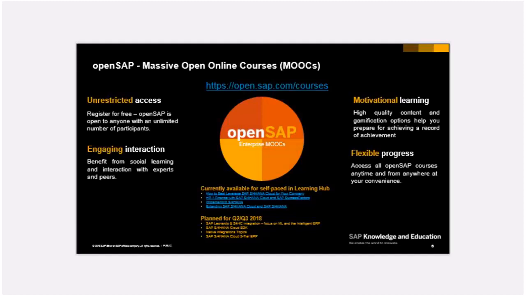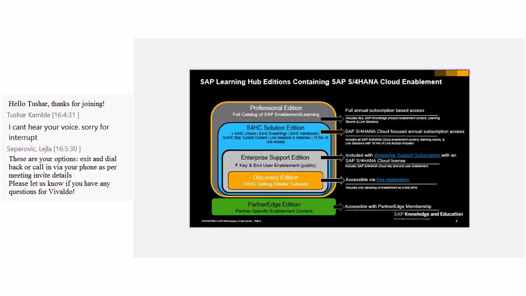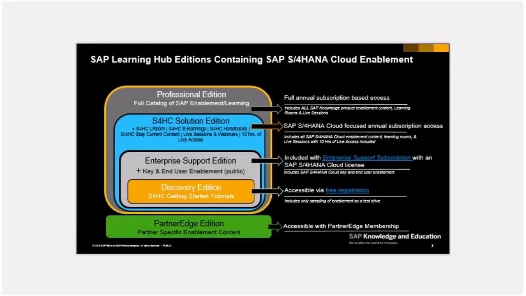If you're new to the Learning Hub, there are two options for S/4HANA Cloud enablement. There is the Professional Edition, which is full access to all content, not just S/4HANA Cloud. And we just introduced last month the Solution Editions. We have a Solution Edition specifically for S/4HANA Cloud, and that is inclusive of all S/4HANA Cloud learning rooms, e-learnings, handbooks, the stay current content, and because you would have access to the learning rooms, you have access to all the live sessions and also stay current webinars.